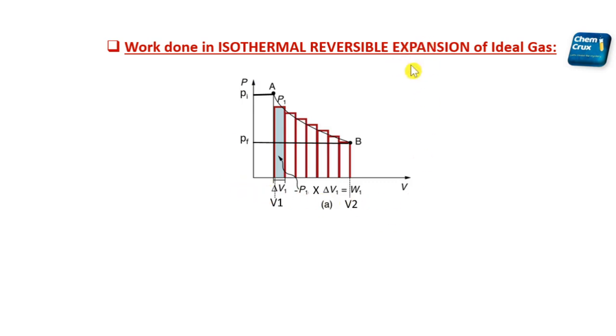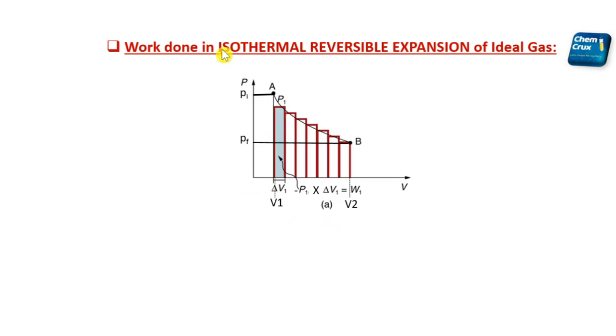Now we know for expansion, the final pressure must be less than that of the initial pressure. So yes, here we can see that the initial pressure has a higher value and volume increases in expansion. So V2 is greater than V1. From initial point A to final point B, we can see that the pressure has decreased from Pi to Pf and volume has increased from V1 to V2.